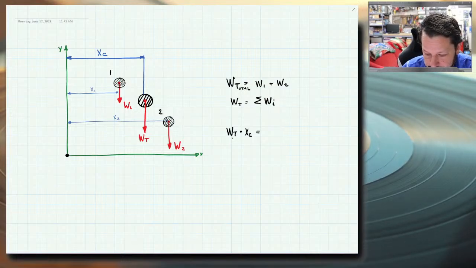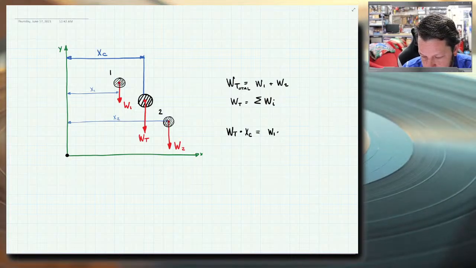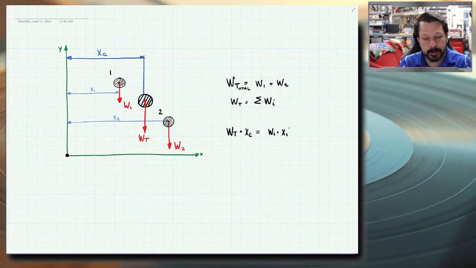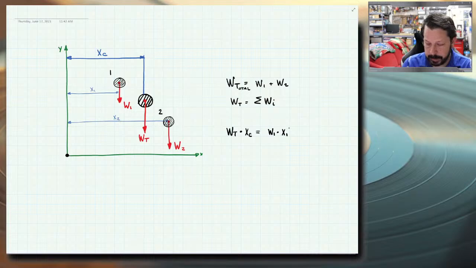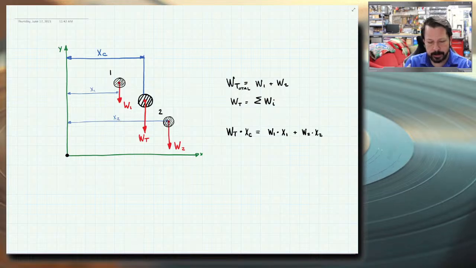So this effect needs to equal W1 times X1. That's the moment that the little sphere 1 creates about the y-axis. And add on to that W2 times its distance from the y-axis. Now, you might think that these forces are going in the y direction.